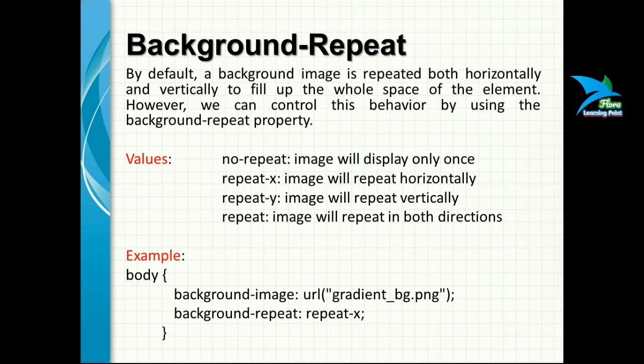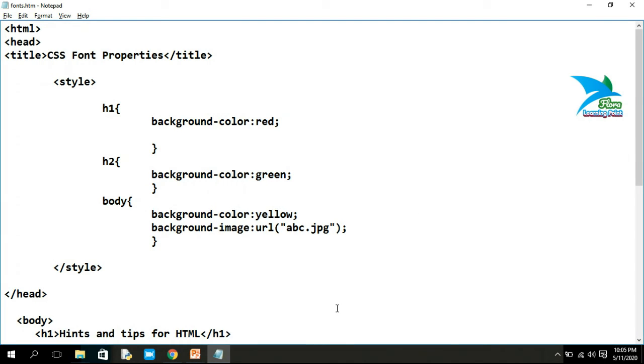Then repeat, the image will repeat in both directions. So repeat is the default value. There is no need to specify repeat as a value to this property because that is the default value. If you will not use this property, then the repeat value will be automatically implemented. So that's all about background repeat property.